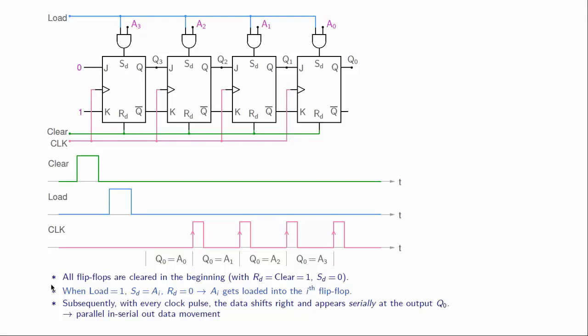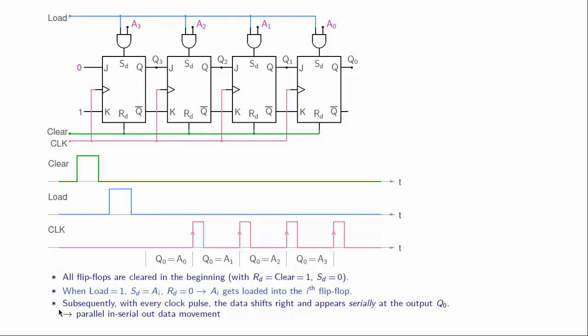To summarize, all flip-flops are cleared in the beginning with RD equal to clear equal to 1, this part, and SD equal to 0. When load is equal to 1, this part, SD equal to A3 or A2 or A1 or A0, and RD is 0, that means the binary number gets loaded into the shift register.